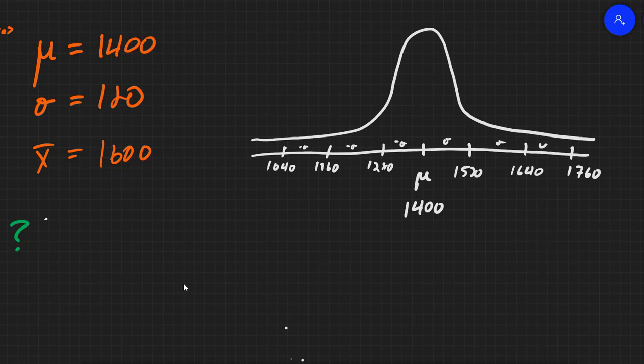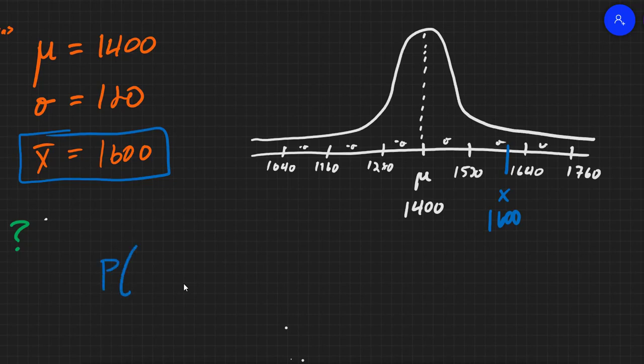So my x, I'm going to denote it in blue here, is 1,600 pounds. Where is 1,600? 1,600 pounds is going to be in here somewhere. Here's my x, it's 1,600. If my average is right down the middle, well, you can tell that it's going to be kind of difficult here for us to get that because we're kind of away from the mean, but that's just big picture. Let's ask the question again.